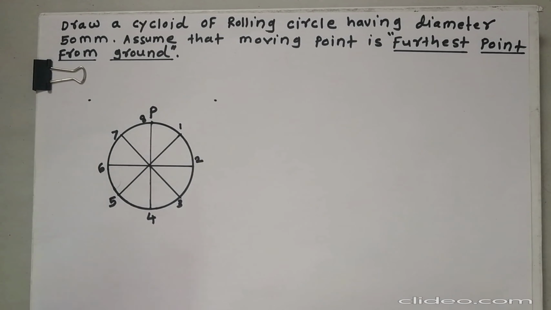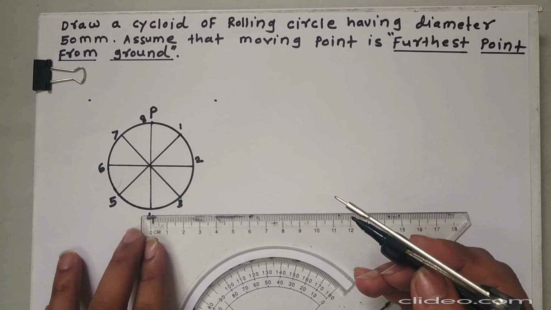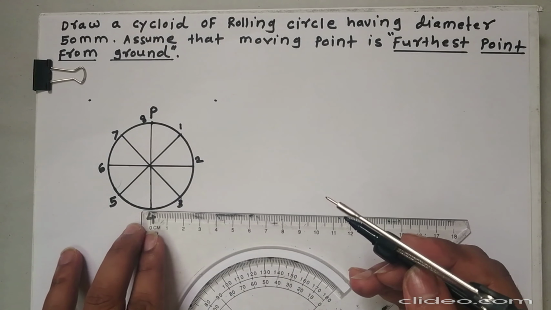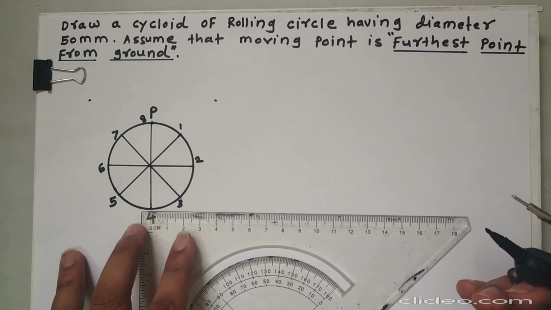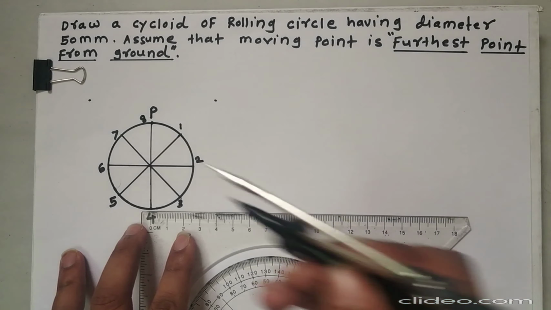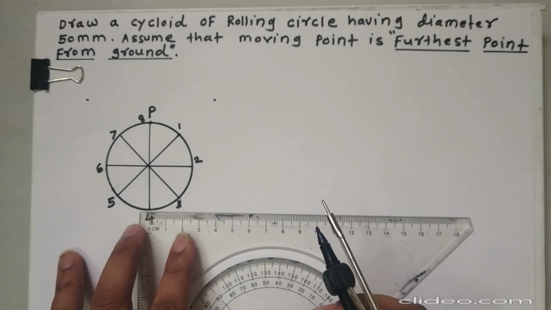Next we need to mark the directing line. Consider point 4, and from this point we need to draw a horizontal line. Horizontal line means the directing line. How can the length of the directing line be calculated? Same formula, pi d. Pi d is how much? d is 50 mm. So pi into 50, how much distance will we get?